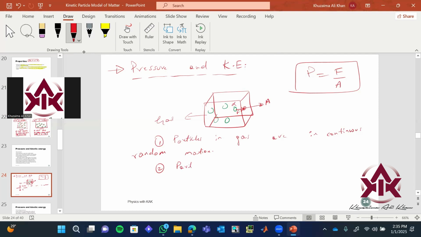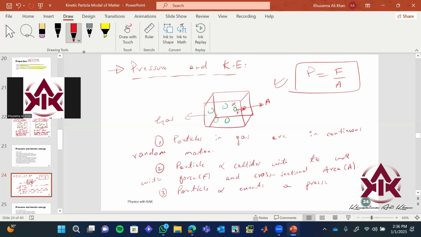Particle alpha collides with the wall with force F and cross-sectional area A. Since from this relation the pressure is force upon area, particle alpha exerts a pressure onto the walls of the container.